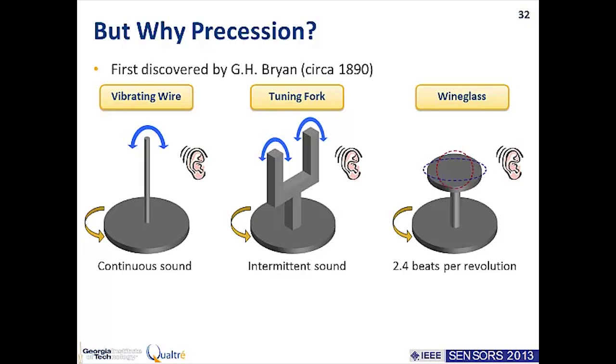But if we take the nodes, where you have zero radial deformation, they really don't know what's going on because they're not moving, so they obviously want to just rotate with the stage. And all the other points in between that antinode and that node are somewhere in between. They're not sure whether they want to move along or stay. So on average, the vibration pattern can't really rotate at the same rate as the stage.